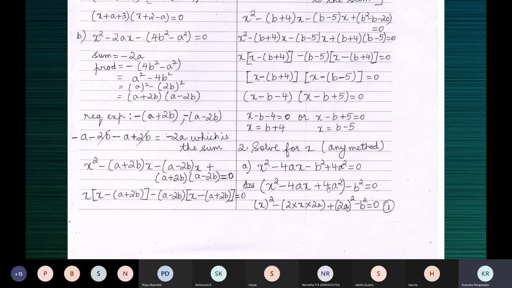It has to be plus 4a square. You can make out from the signs itself. This is the x square term, this is the x. So this is like x square minus 2xy, it will be plus y square. It has to be plus y square. It cannot be minus y square, because the identity has signs like that.